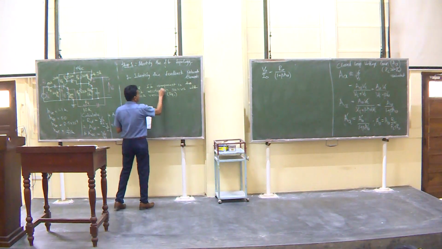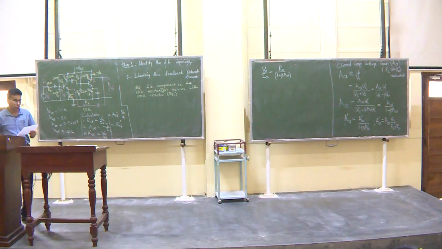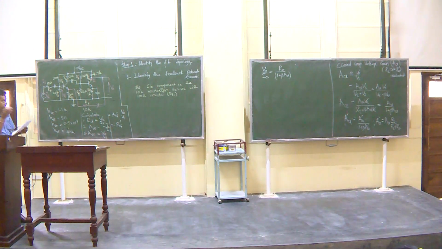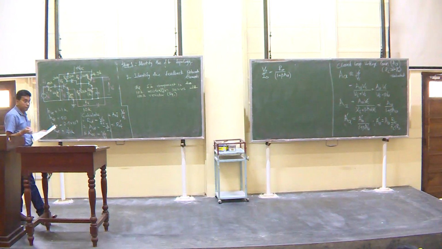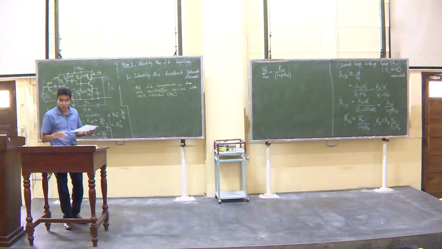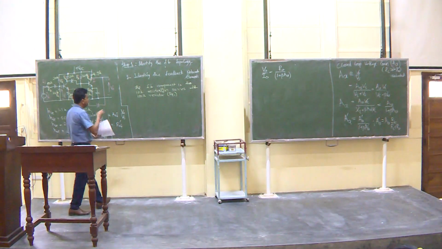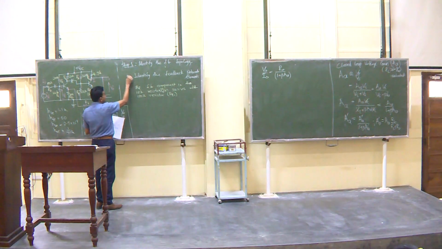This 10K resistor is RF in series with RE1. Okay. So, we have identified the feedback network. Number 2, this is number 1.